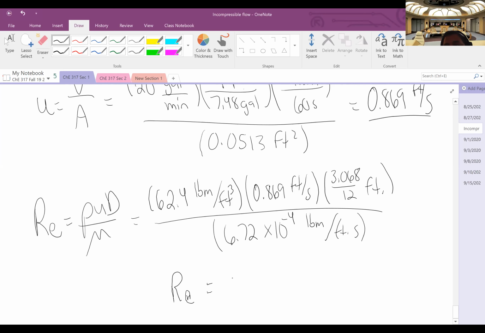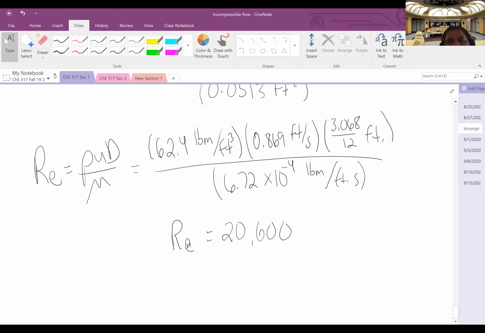So if I do this calculation, I get about 20,600. You'll notice you don't have to be super exact with the Reynolds number because the figures we're looking at are logarithmic plots, so don't expect to get very exact values.